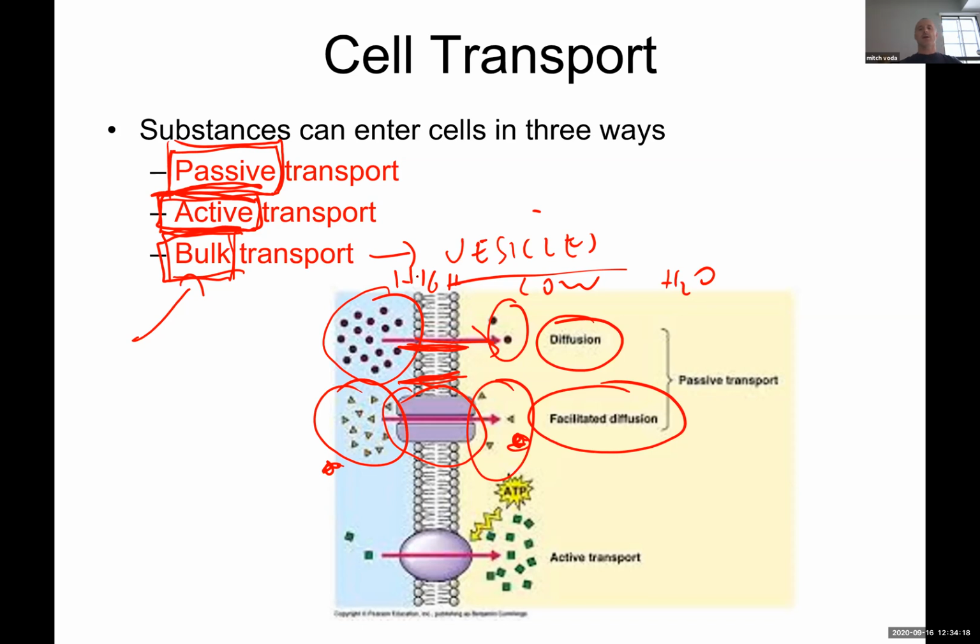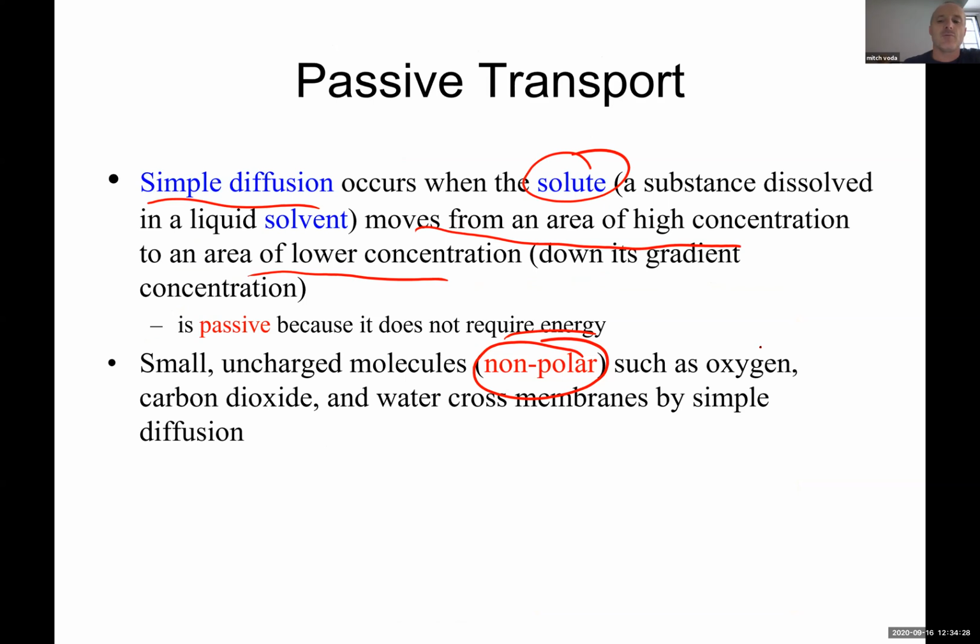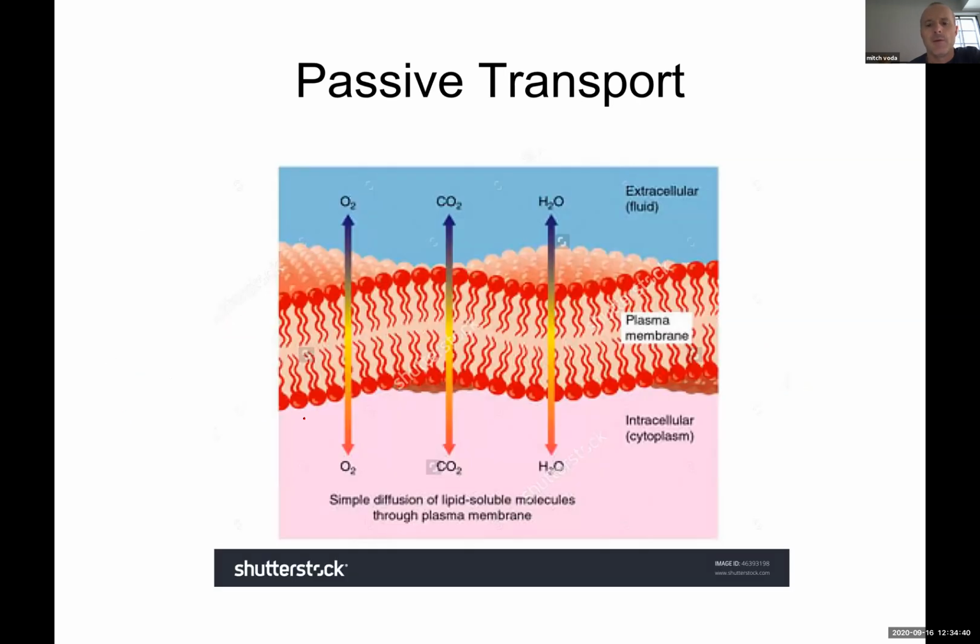As we learned before, lipids are non-polar molecules, and non-polar mixes with another non-polar molecule. So examples would be oxygen, carbon dioxide, and water, which can very easily cross the membrane from high concentration to low concentration. You can see here the passive transport, or diffusion.